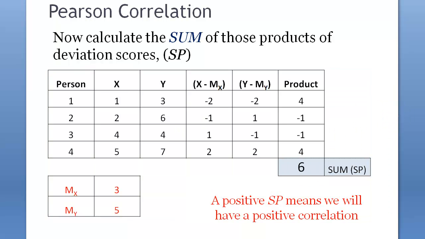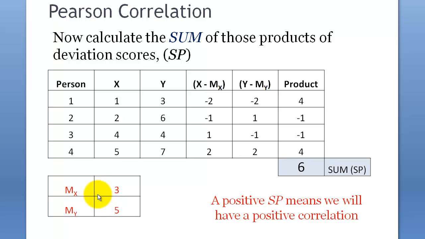So what this number represents is a question. These numbers are deviations from the mean, and these are deviations from the mean, and when you multiply them, it tells the size of deviations as a total. Deviation from what? Deviation from the means, 3 and 5.